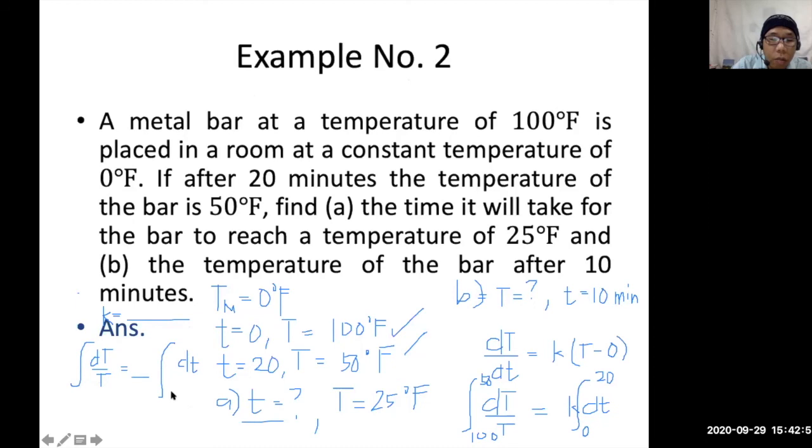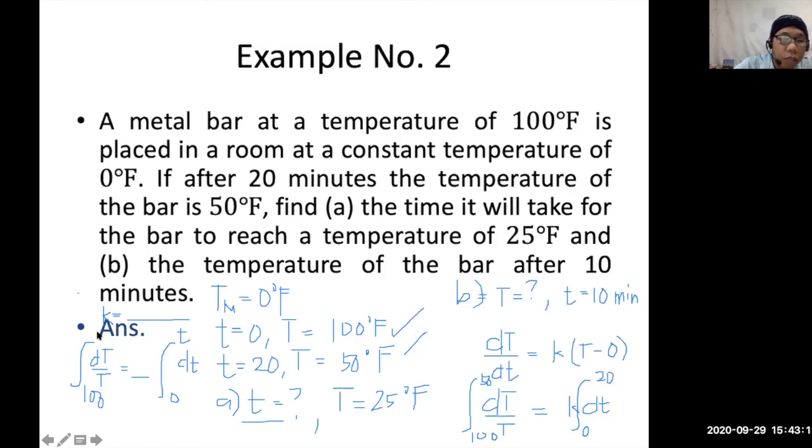So your lower limit will be 0. Of course, what is the corresponding temperature? You have 100. And then, you can use the 20, or you can also use this, 0. So what will your upper limit be? T, because that's what we're looking for. What is the corresponding temperature when we look for this?